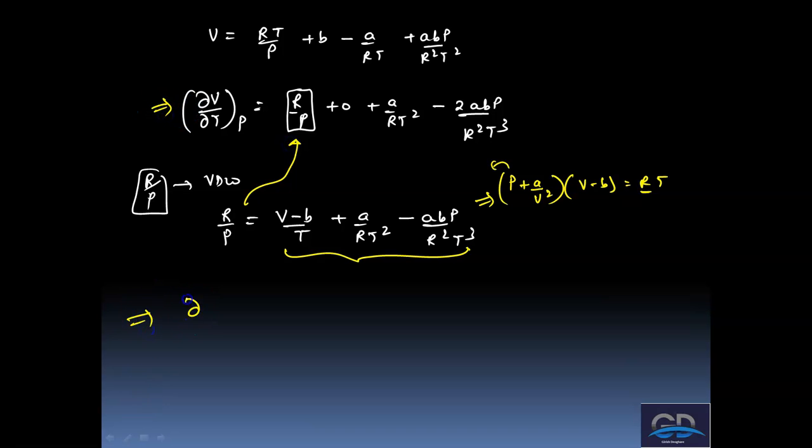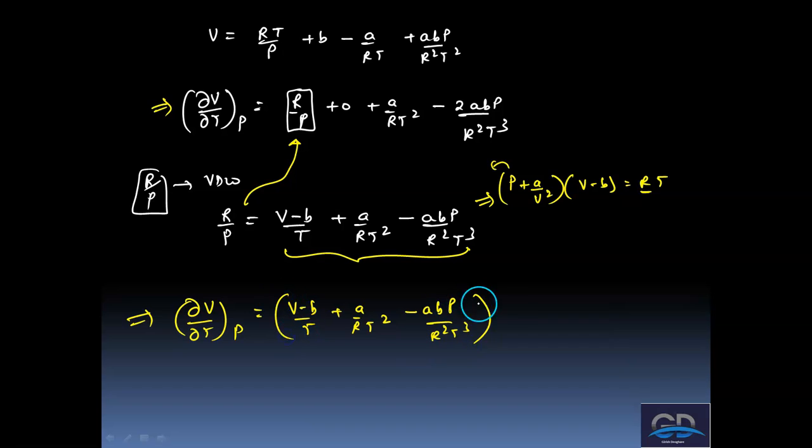So here we get del V by del T at constant P would be equal to, we'll be putting this, right? So we have V minus b by T plus a upon RT square minus abP upon R square T cube.